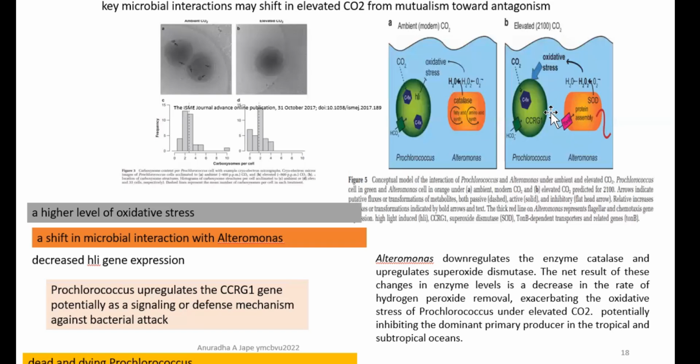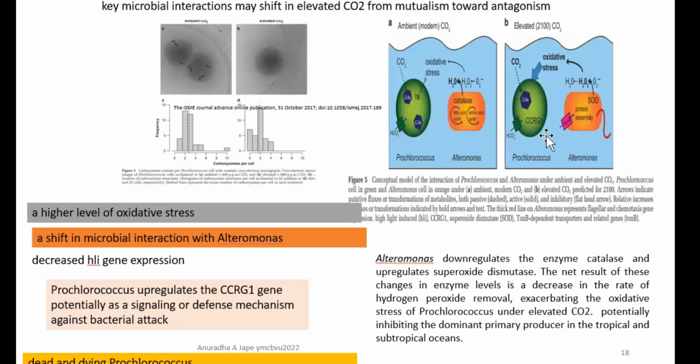Also, Prochlorococcus upregulates the CCRG1 gene, which is one of its defense mechanisms against bacteria that would attack this photosynthetic organism. So overall, this cell is in a trouble condition now, and the Prochlorococcus cells will start dying.